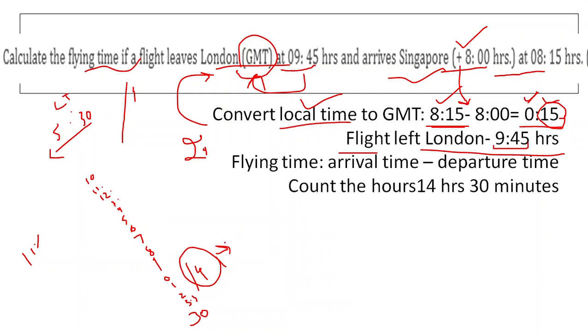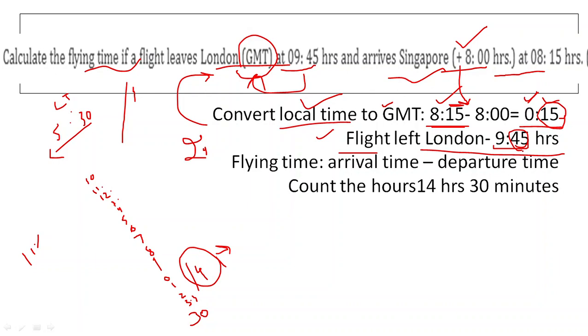You can do this arithmetically as well, but you have to consider that these are hours and minutes, not percentages or numbers like 8.1, 8.2. These are 8 hours 15 minutes, 0 hours 15 minutes, 9 hours 45 minutes. If you directly subtract the departure time from the arrival time, you will get a wrong answer, because these are minutes, not percentages, right?